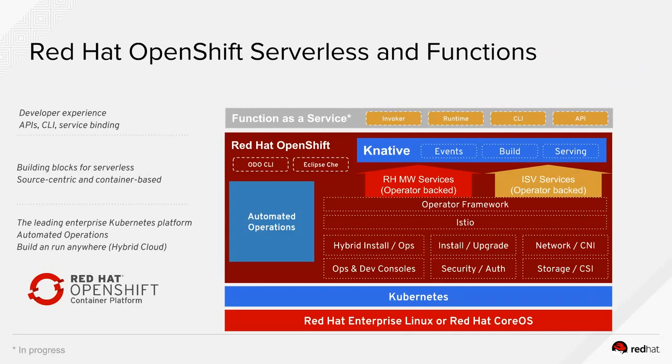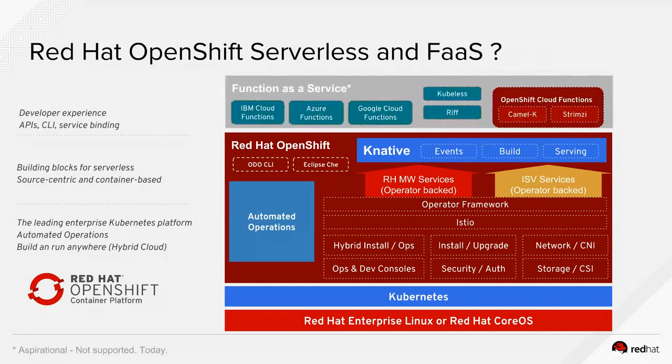Where you'd have this thin layer called function as a service on top of it, if you want to build a FaaS. And effectively, what goes into that function as a service layer is just the invoker, the runtime, and maybe a CLI. But you already get that out of OpenShift with oc or odo, OpenShift do, right? And then you have the API also. So this is how we are working with Knative to enable some of that in OpenShift.